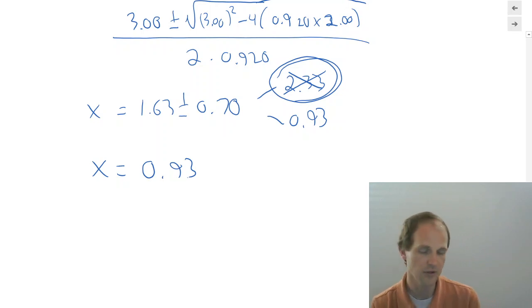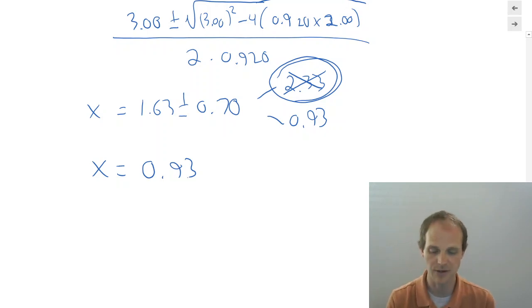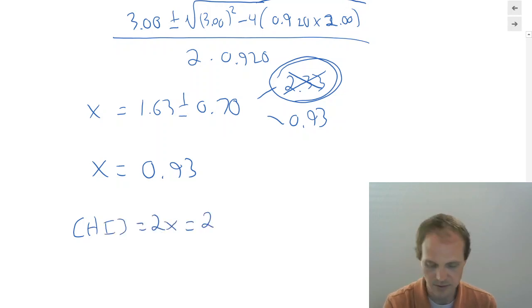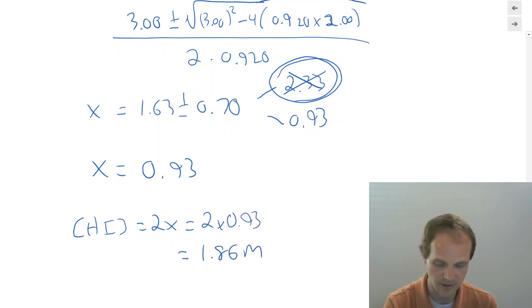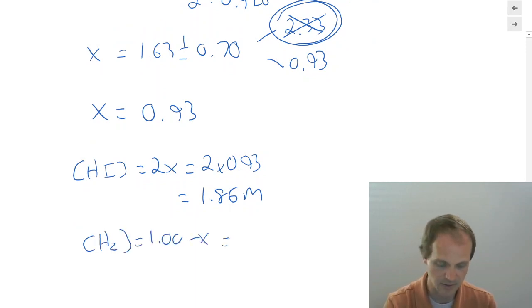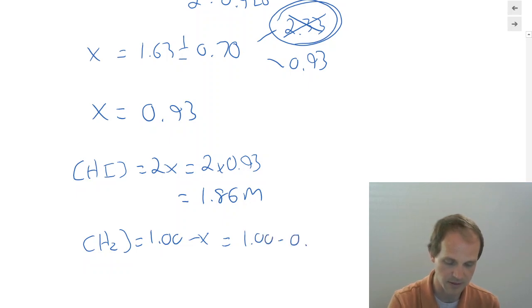And so all you do to find your answers now is substitute that x into all the different things you had in your equilibrium line in your ICE table. And so we got that the concentration of HI was 2x, or 2 times 0.93, or 1.86 molar. We've got that the concentration of H2 was 1.00 minus x, or 1.00 minus 0.93, or 0.07 molar.